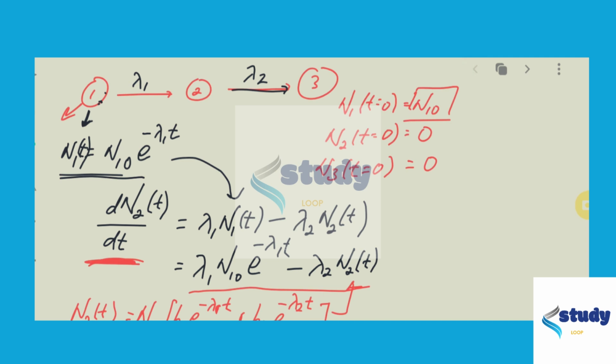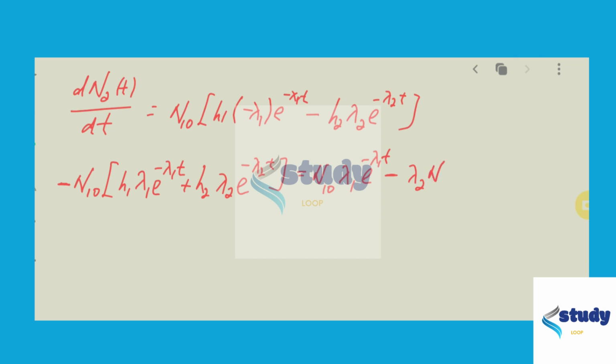And our N2 t is this equation over here. Now we see that there is a common term, which is N1 naught, and we can get rid of it.